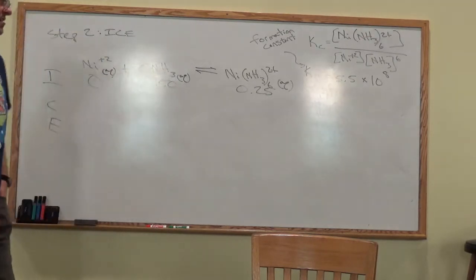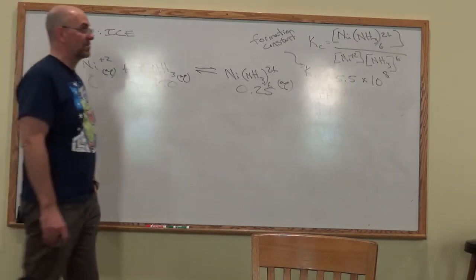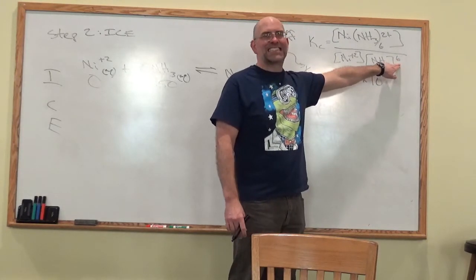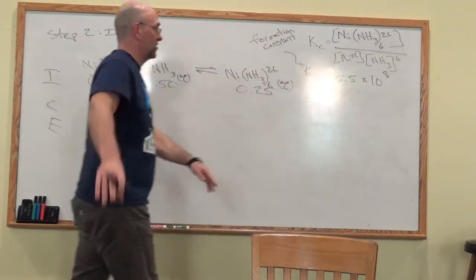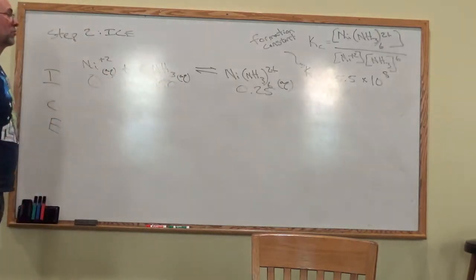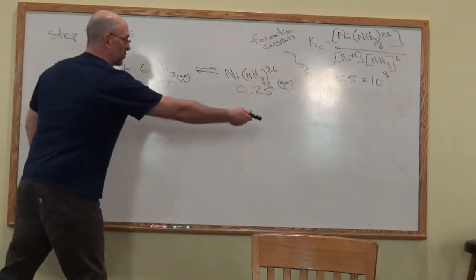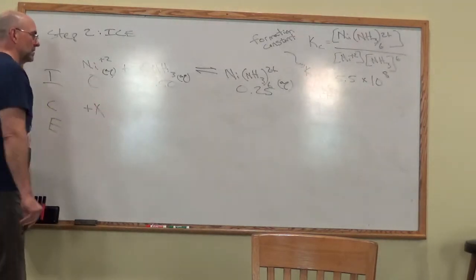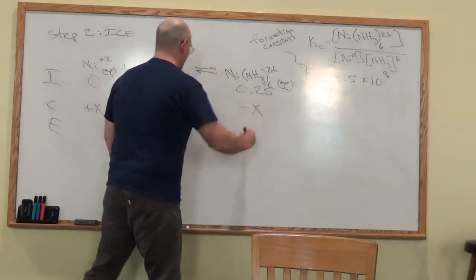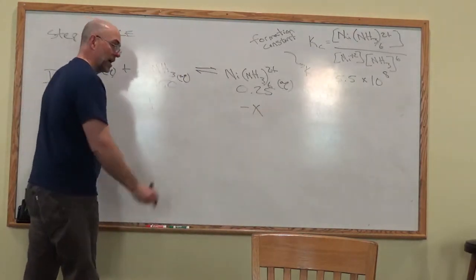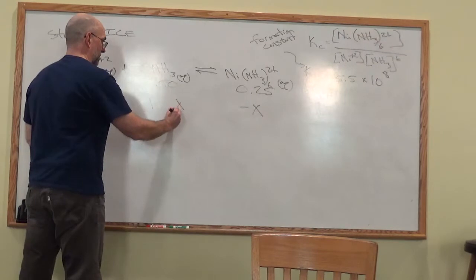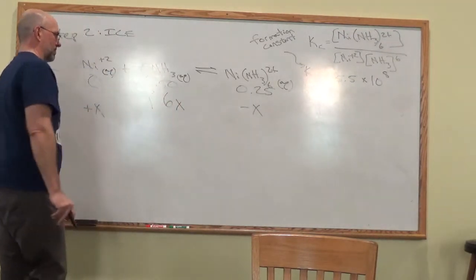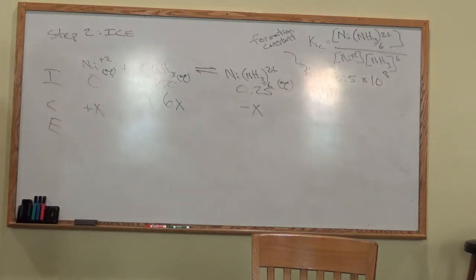And wow, this is the 5%. The 5% rule is going to be absolutely necessary. I don't know about you, but I do not want to solve an equation that has an x to the 6th power in it. But we're not going to have to. If you got this far, the rest of this problem is pretty easy. This equilibrium has to shift to the left to happen. So this has to go up by x. This has to go down by x. And this has to go up by 6x.